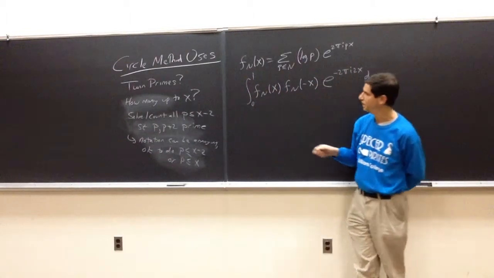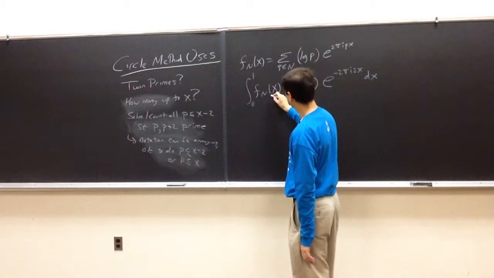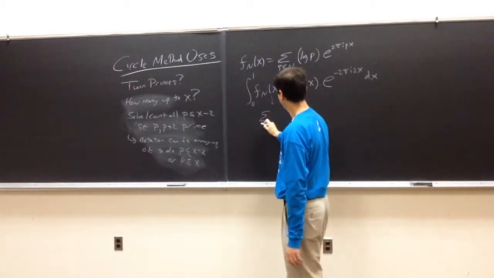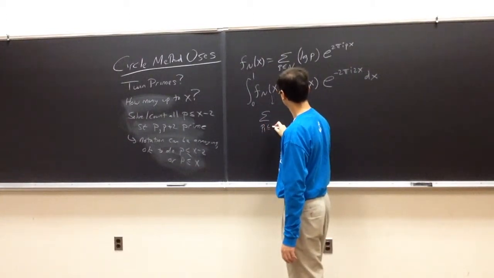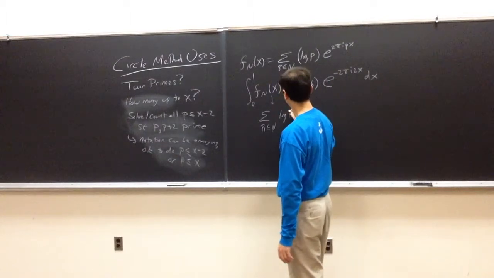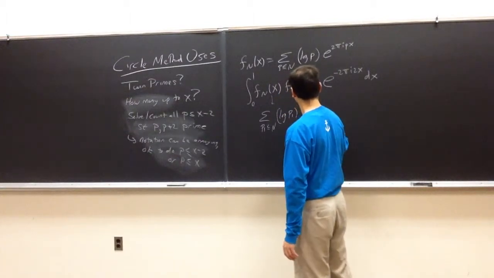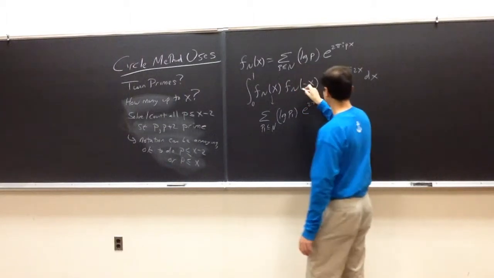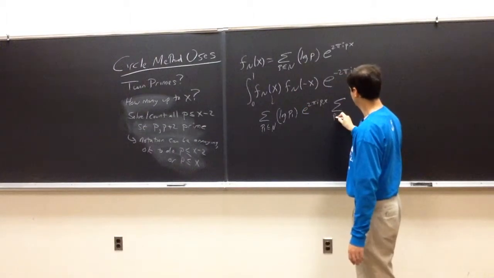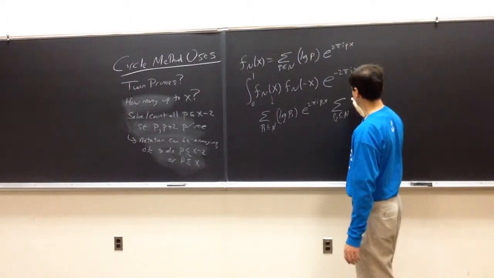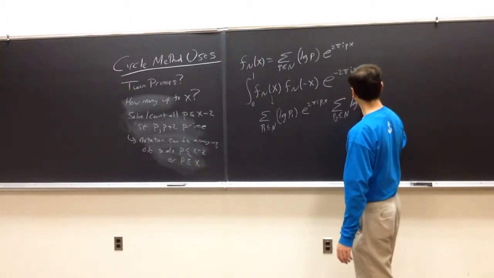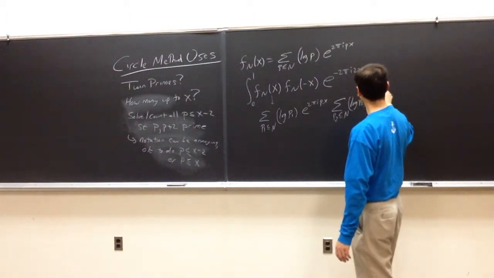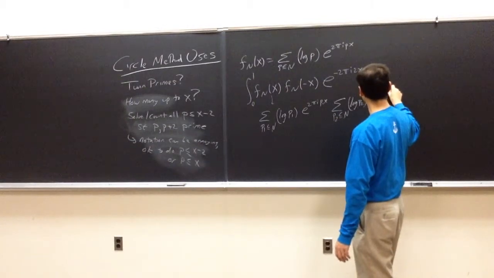And if you think about that, what this is going to do is this is going to give us a sum p1 less than or equal to n of log p1 e to the 2 pi i p1 x. The next one will be a sum of p2 less than or equal to n log of p2 e to the 2 pi i p2 x.